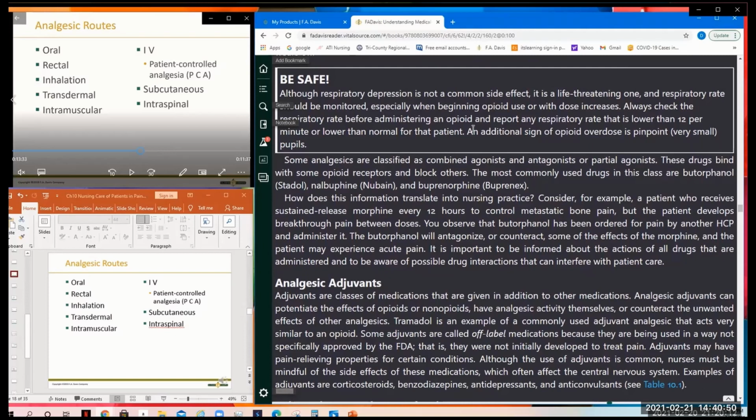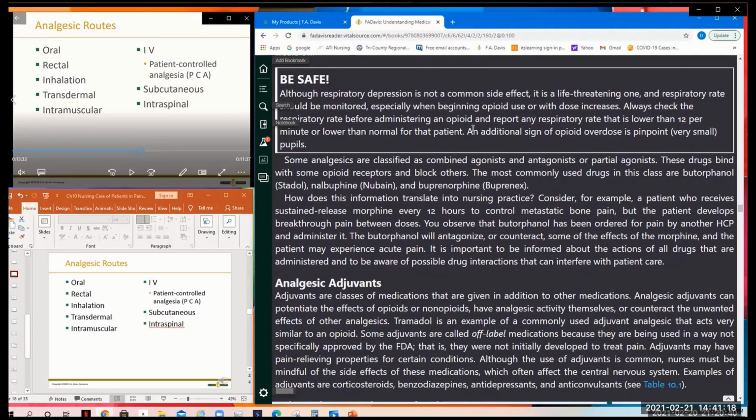The most commonly used drugs in this class are butorphanol, also called Stadol, nalbuphine, also called Nubain, and buprenorphine, also called Buprenex.